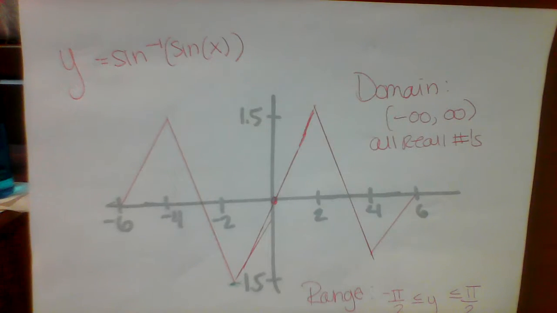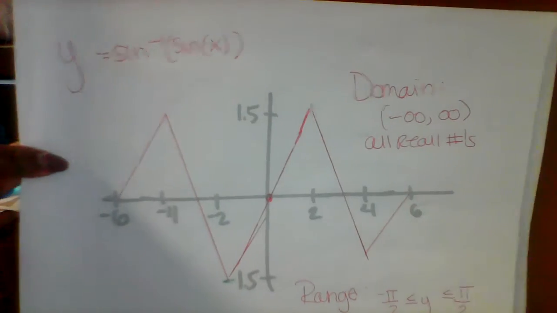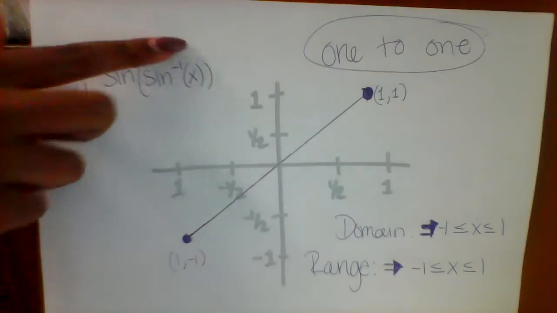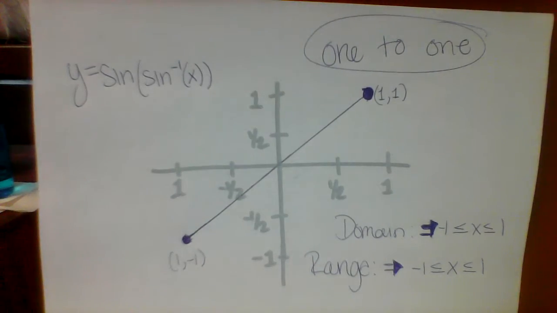So now we can look at the second graph, which is sine of sine inverse of x. Now this graph looks totally different. We have a linear graph. It's only a line, and it passes through the center just like the last. Its domain is from negative 1 to 1.